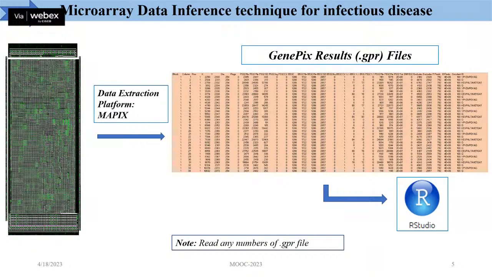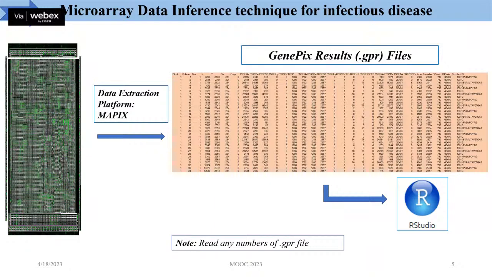But the basic thing between protein and peptide arrays is that we particularly want the GPR file, because it is the annotation of the proteins or peptides, followed by the intensities. Which intensities are we really looking for? The mean and median intensities of the foregrounds as well as the backgrounds. Now this file is to be incorporated into RStudio. Why R?